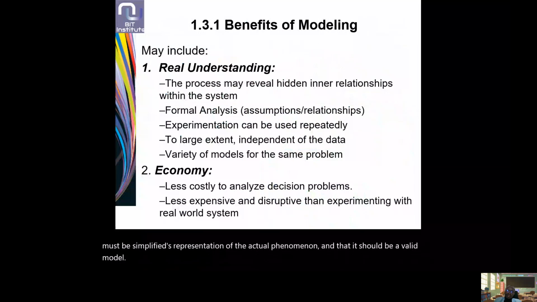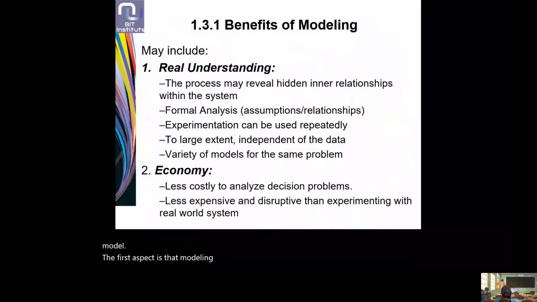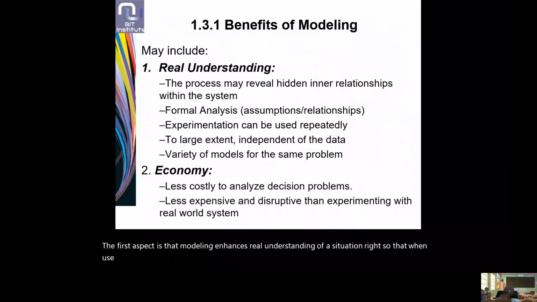The first aspect is that modeling enhances real understanding of a situation, right? So that when you use modeling, it can reveal maybe hidden relationships within the system that you are not familiar with, or that you cannot see upfront.